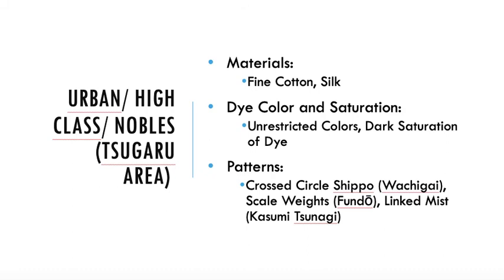And then the scaled weights was a common pattern for feudal lords, and they often would cast gold in this shape as well. And then the linked mist was also popular around Imperial Japan.